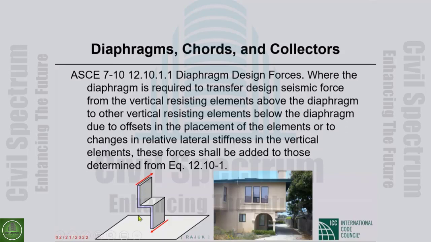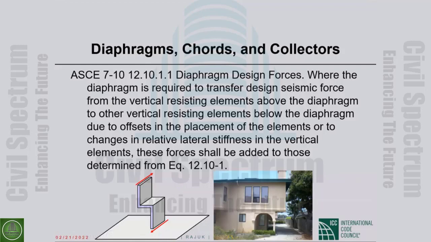Instead of continuing straight down, it makes a bend and then comes down. The shear at the end of the shear wall will have to go to the top of the continuing shear wall through this floor slab. So the shear will be transferred from the upper wall to the lower wall through this portion of slab. That will mean there will be high transfer forces in that slab. That transfer force has to be obviously considered in the design of that portion of the diaphragm.